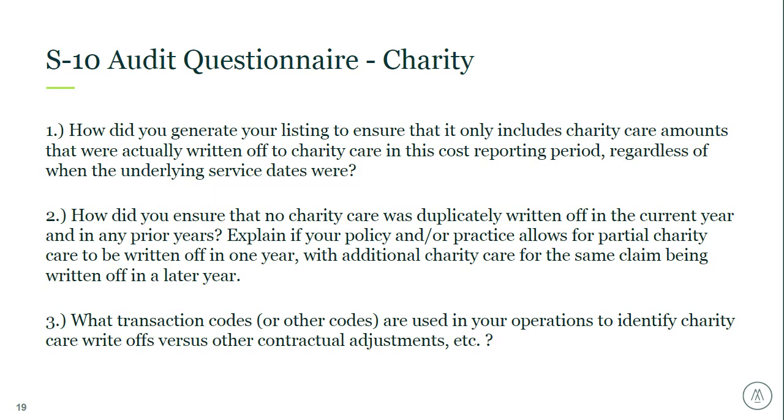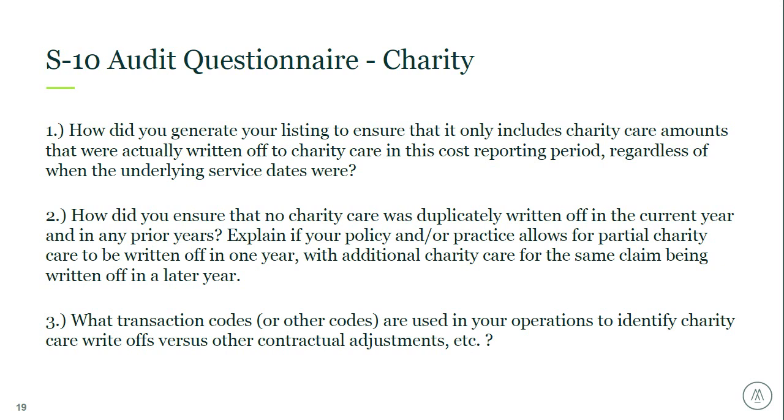How did you ensure that no charity care was duplicately written off in the current year and in any prior years? Yeah, as you covered earlier, Heather, duplication checks were a big point of emphasis during these reviews, and it looks like that'll continue for these 2019 audits.